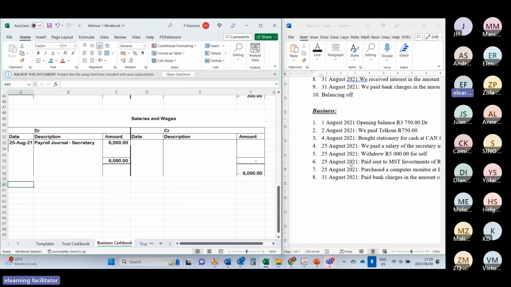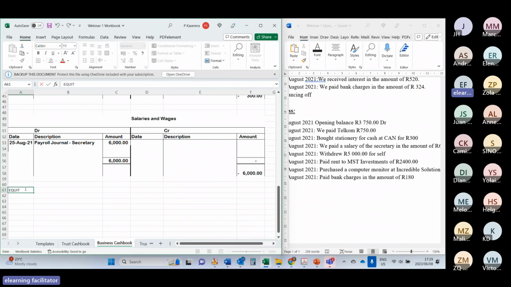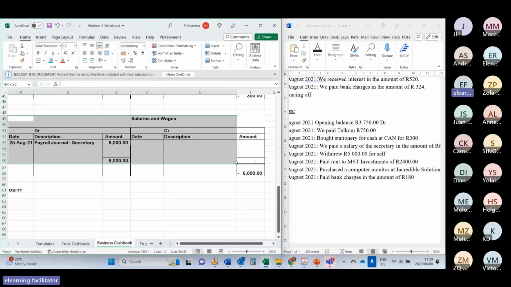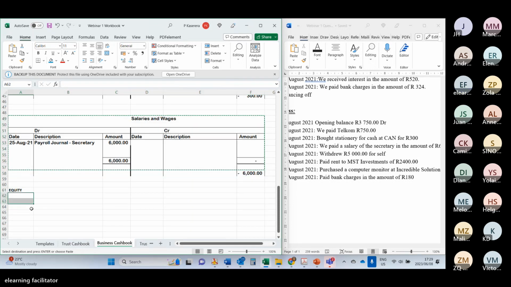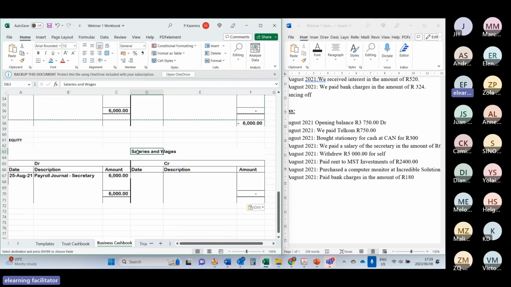And then 25 August, the sole practitioner withdraws 5,000 for themselves. So this one, so it's part of our equity. We call it equity. It reduces capital injected and profits of the company. So when we create a ledger, it's part of our equity, and that ledger, we call it drawings.